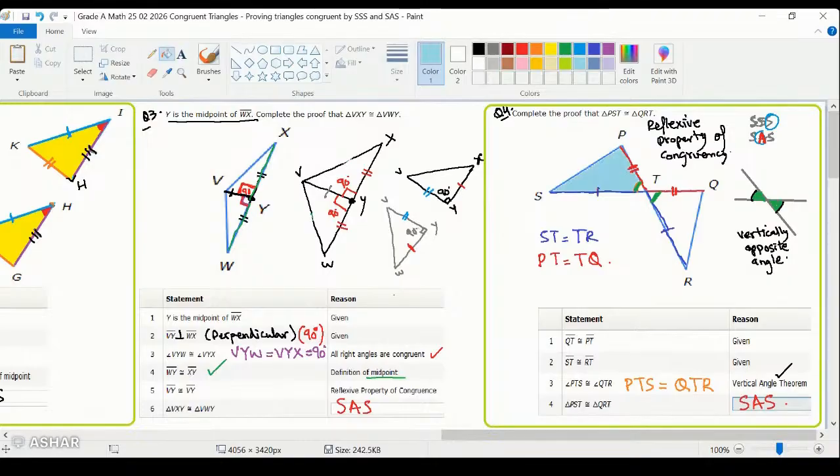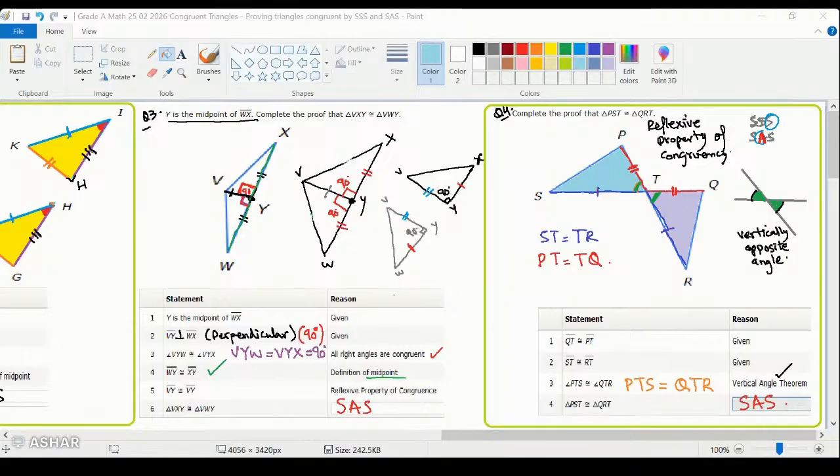This object is a mirror image of this. Agreed? Mirror image means inverted. Do we have any questions till now? Okay, good. Let's move on to question number 5.